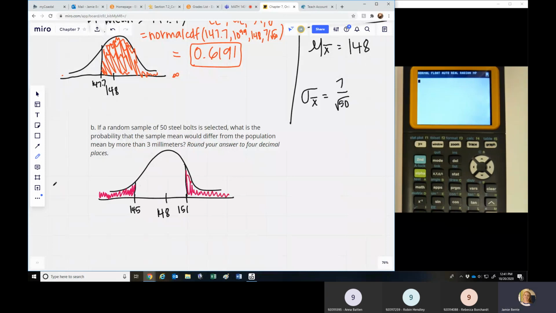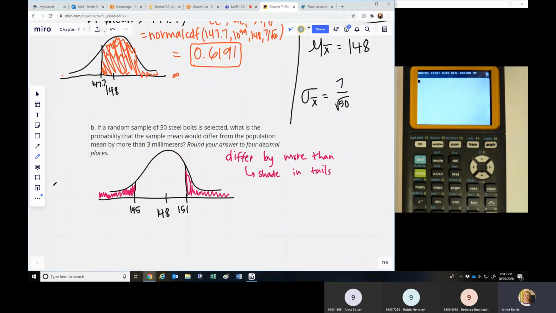If you see the key words differ by more than, that means shade in the tails. And remember the last differ by problem we did a couple of problems ago said differ by less than. If it says differ by less than, you shade in between.